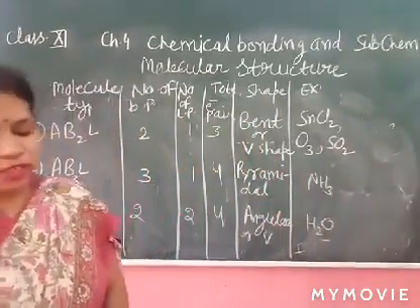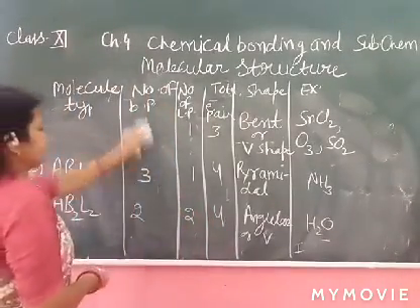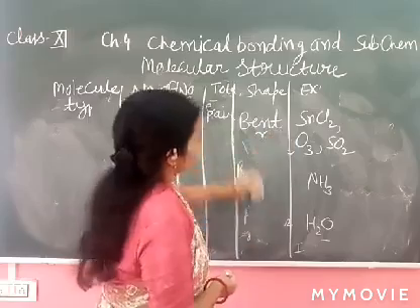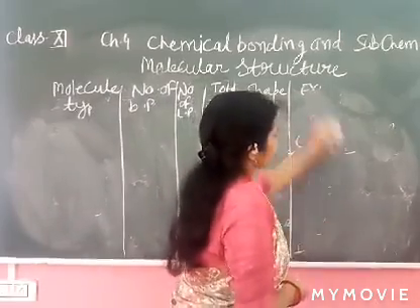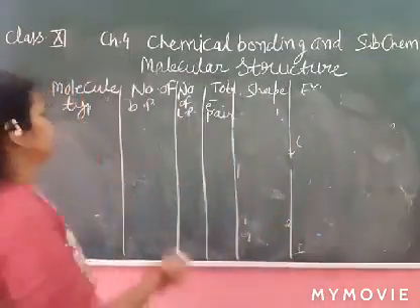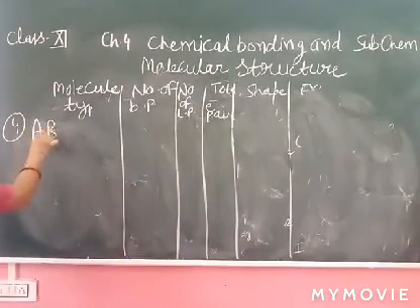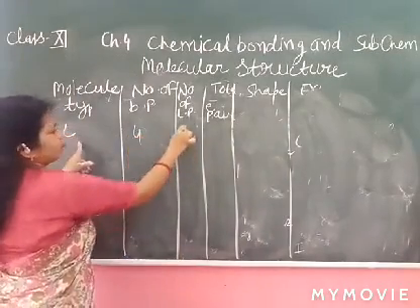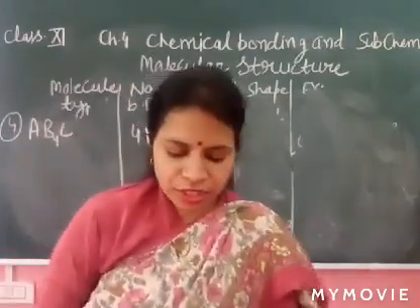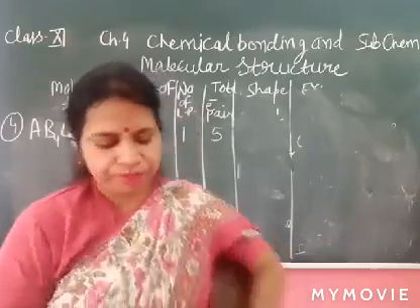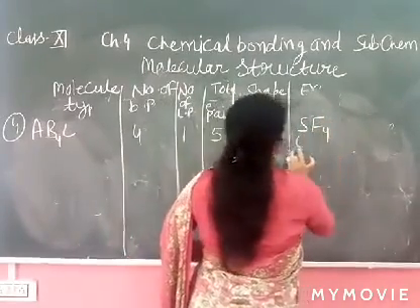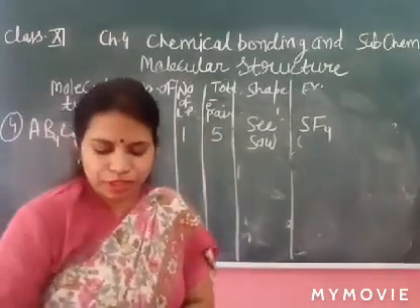There are 2 lone pairs. Now the fourth is AB4L, meaning 4 bond pairs, 1 lone pair, total electron pairs 5, and due to lone pair and bond pair repulsion the structure is seesaw type. Example SF4.